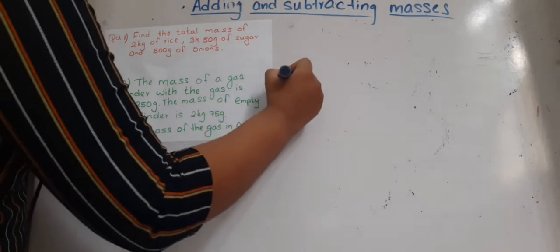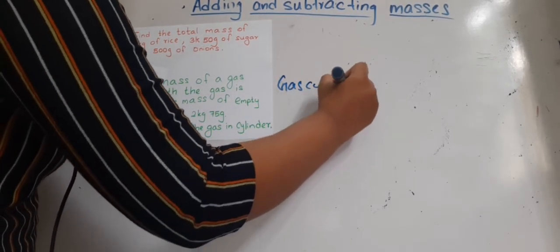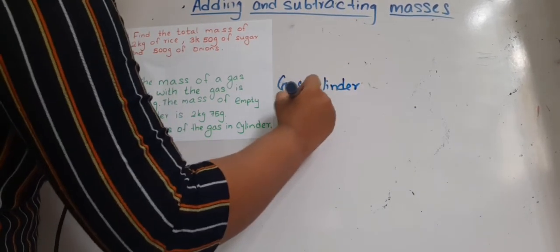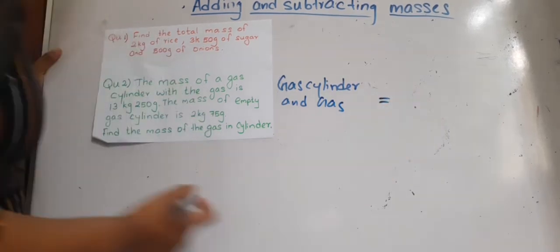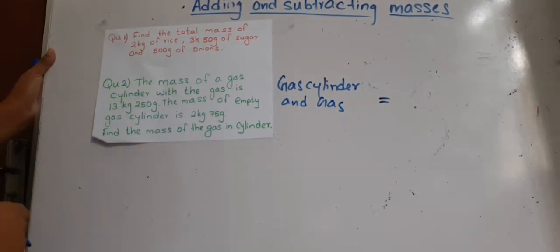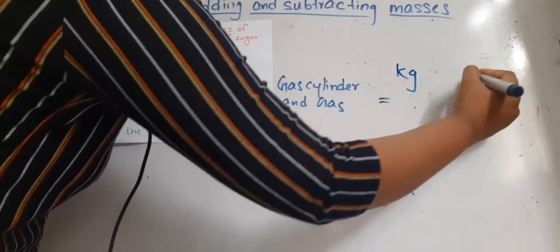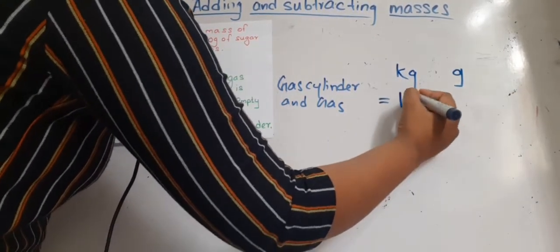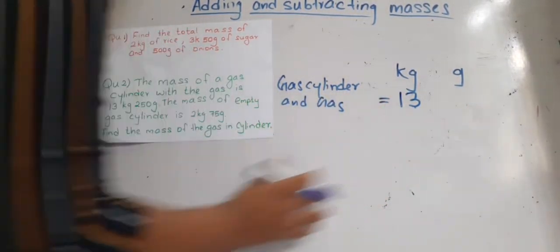So let's write here gas cylinder and gas. Both weigh 13 kilograms and 250 grams. We need to put the units on top. 13 and 250.